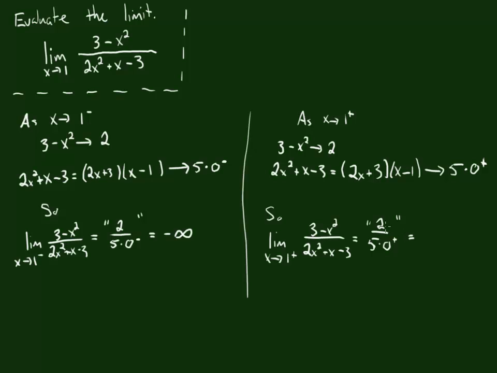Because that's true, we have a positive number on the top and a positive product on the bottom, so it's positive over positive, and we're going to positive infinity. Since the left and right limits don't agree, the limit doesn't exist. And that's it.